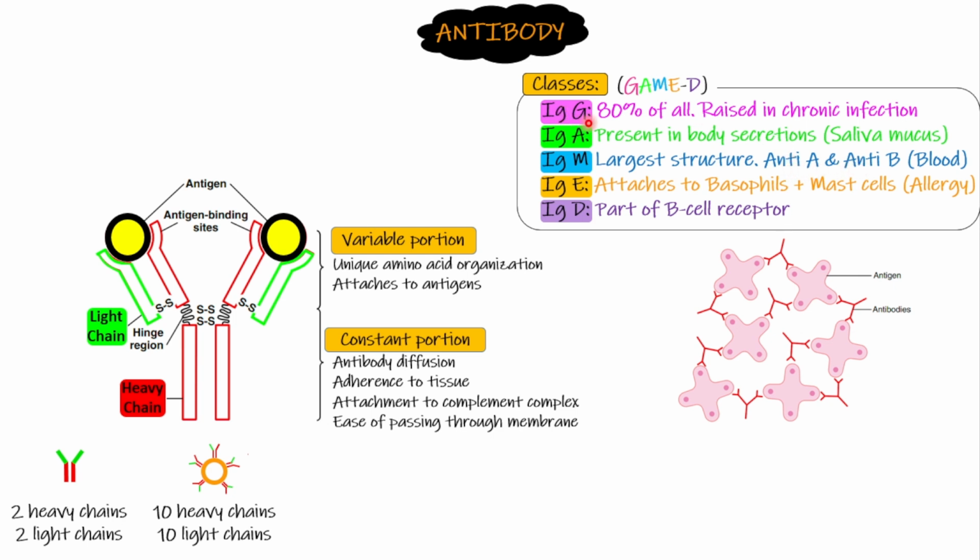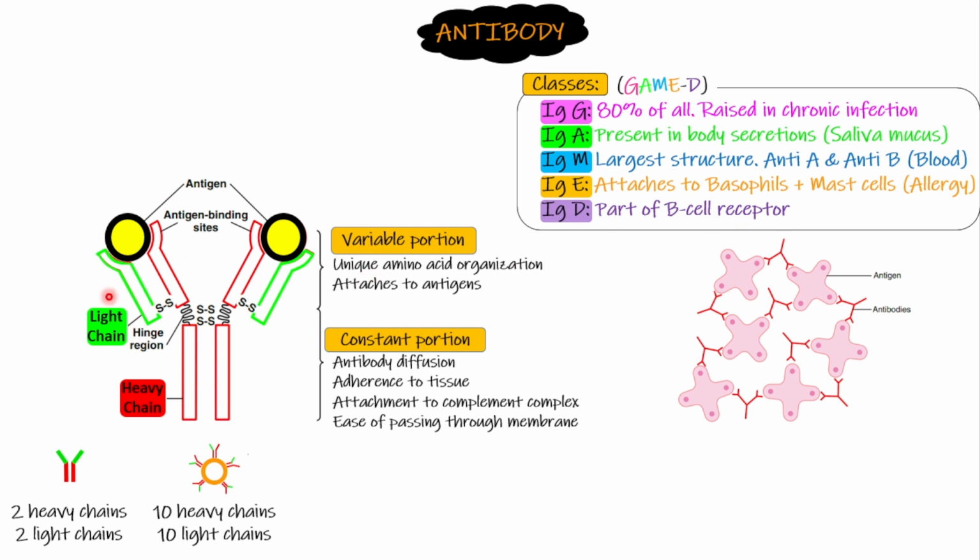IgG has the greatest number, 80% of all, and these are raised in chronic infections. IgA are present in body secretions. IgE is related to allergy. And then we have IgD, which is basically part of B lymphocytes.